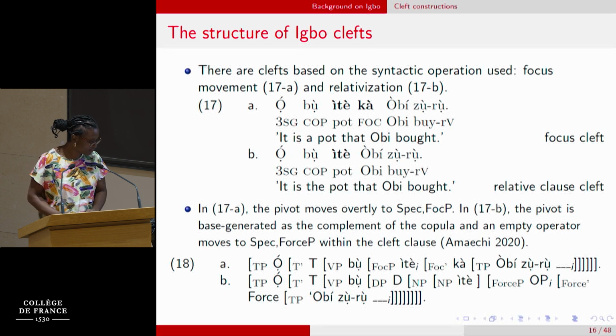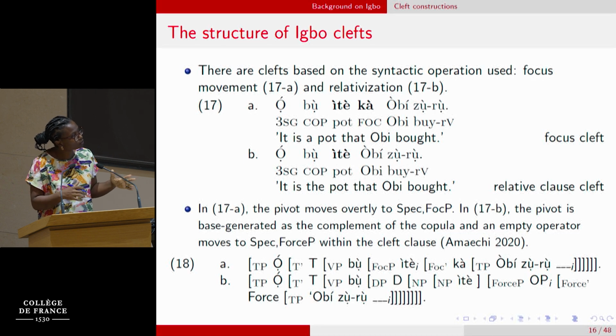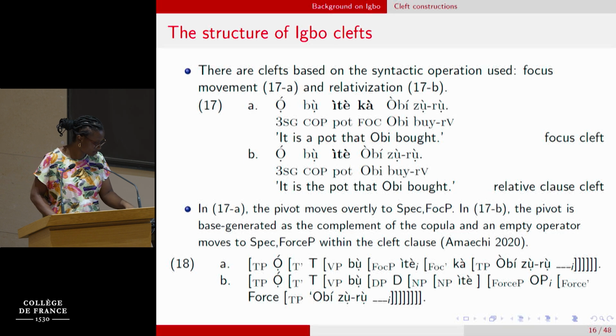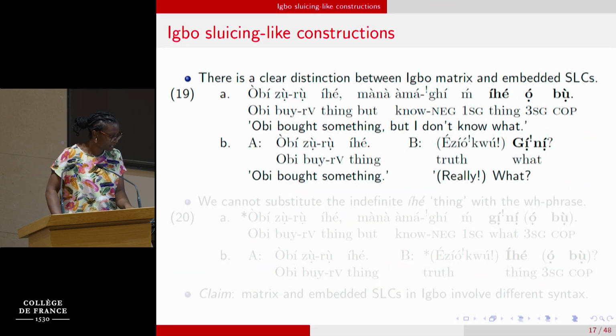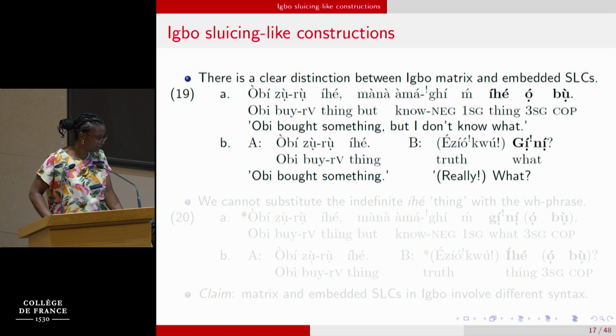And for the one involving a relative clause, it's the same thing as the relative clause I showed you earlier. So we have this head noun being base generated, and then we have the relative clause adjoined to it.